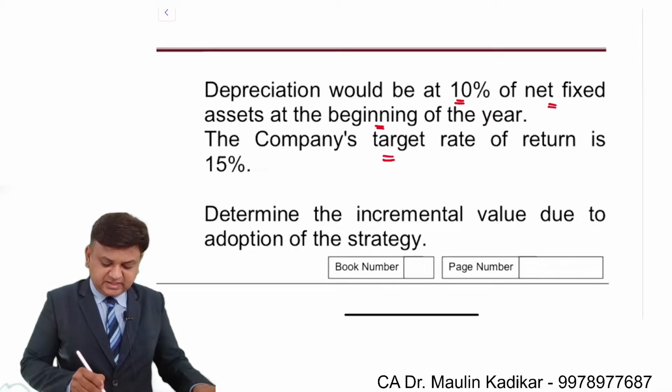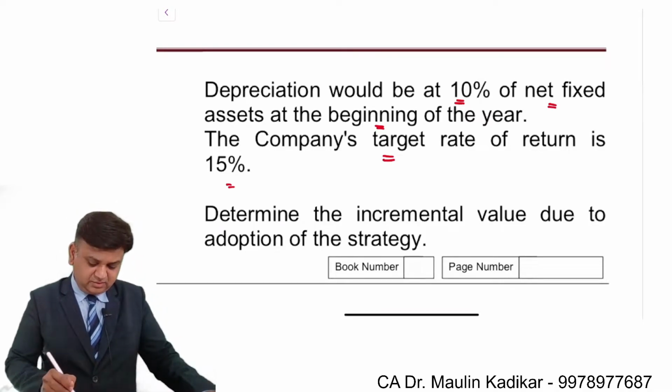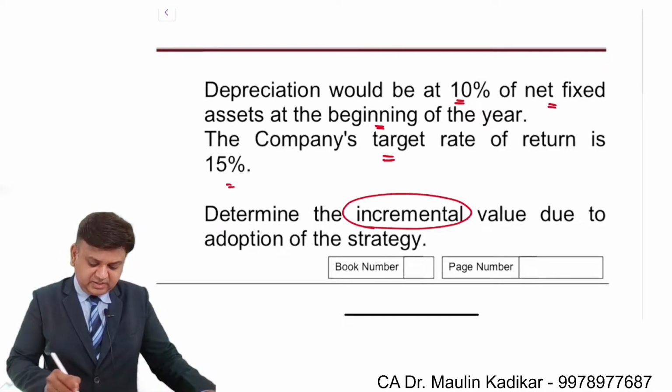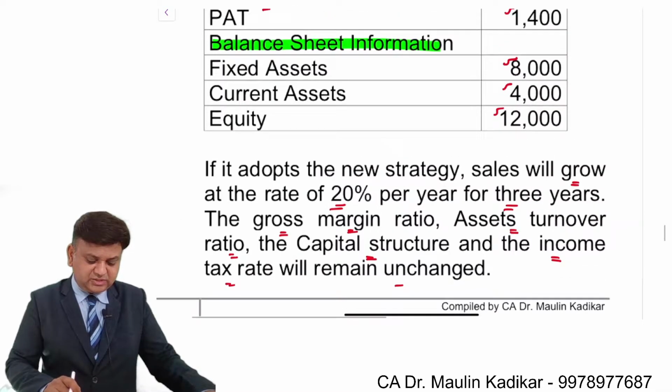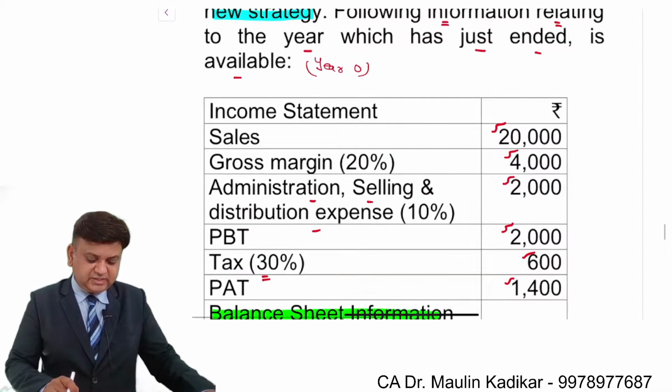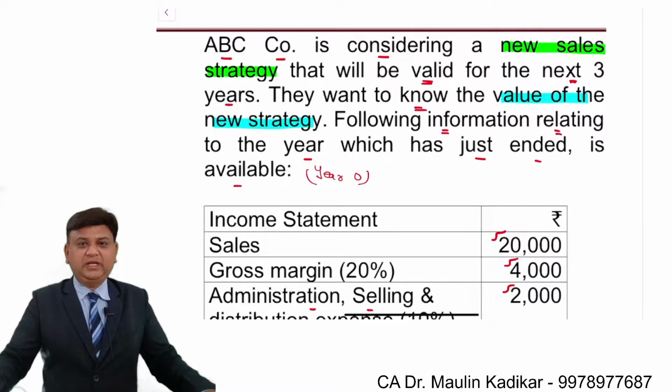The company's target rate is 15%, means cost of capital is given. Determine incremental value due to adoption of the strategy. So if the company is adopting the new sales strategy, what will be the increase in the value that is required to be calculated? I request all of you to go through the question, please.